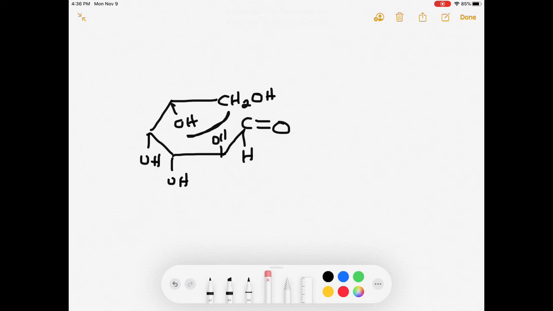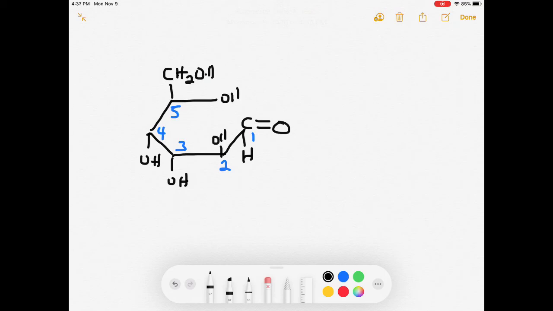So if I redraw this, because they're both attached to carbon 5 here, right? This is carbon 5. So this one's 1, 2, 3, 4, 5. So instead of showing carbon 6 over where I had it, I can put it up here.